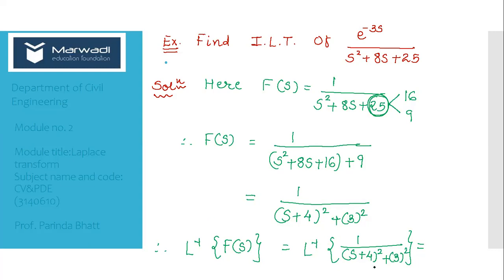Here s plus 4, therefore e raised to minus 4t. Then remaining is 1 upon s square plus 3 square, therefore 1 by 3 sine 3t. Okay. This is our f of t.